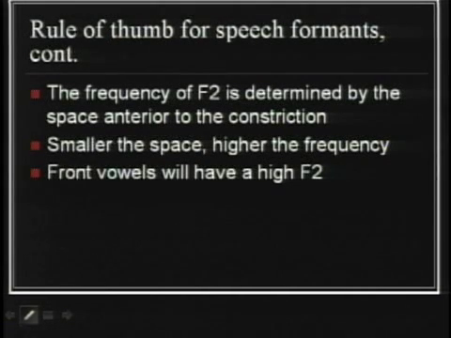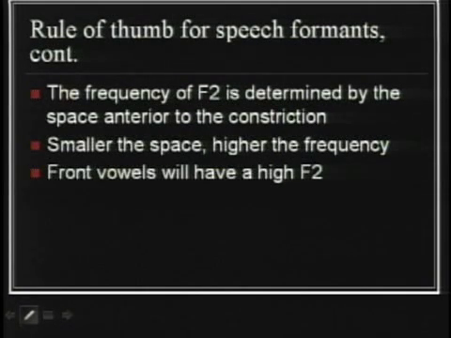So E is really a good extreme. A huge pharyngeal space, a low, low F1. Tiny space in front of the constriction, a really high F2. So E always looks the same on a spectrogram. Low F1, high F2, completely blank in between. The biggest gap there is in formants on a spectrogram.